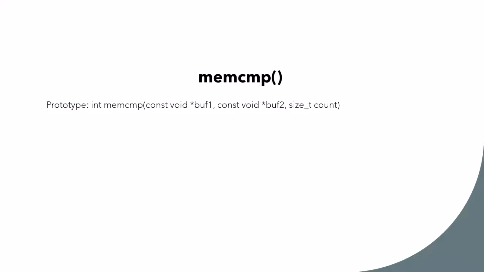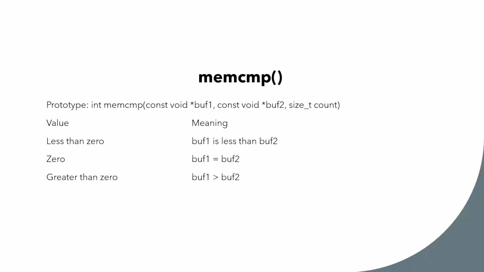This function returns values that have certain meanings: less than 0 indicating that buff1 is less than buff2, 0 indicating buff1 is equal to buff2, and greater than 0 indicating buff1 is greater than buff2. And looking at these values, you may recall that strcmp returns the same values. What then is the difference between strcmp and memcmp? We will see shortly when we write some code.